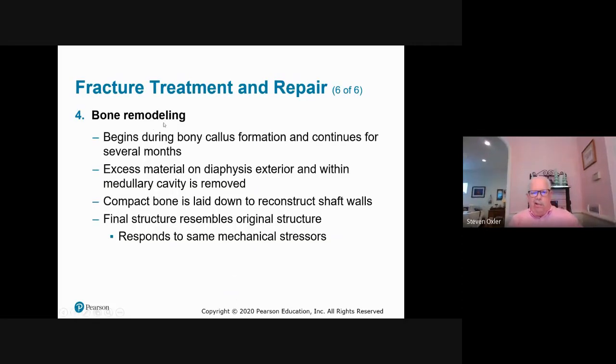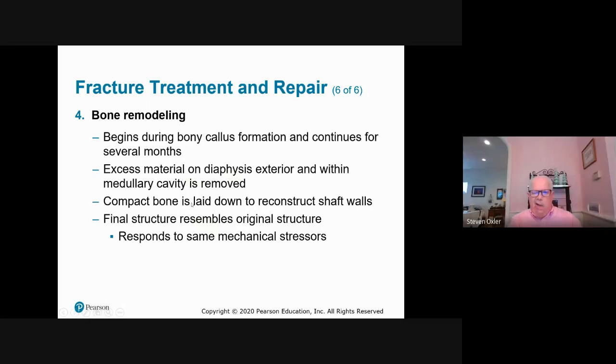After the bony callus forms, that's when the excess material is removed. And what cells do you think remove the excess material? Osteoclasts. They remove the excess material.